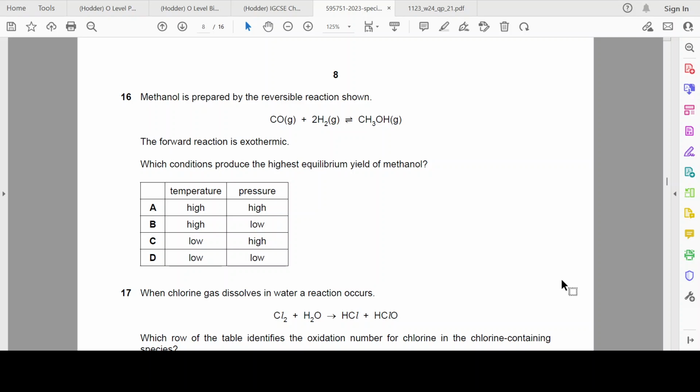Now considering that, would you have high pressure or low pressure? High. Right. Equilibrium told us that for gases, increasing the pressure will favor the reaction which has fewer molecules. So does the reactant have fewer molecules or the product?